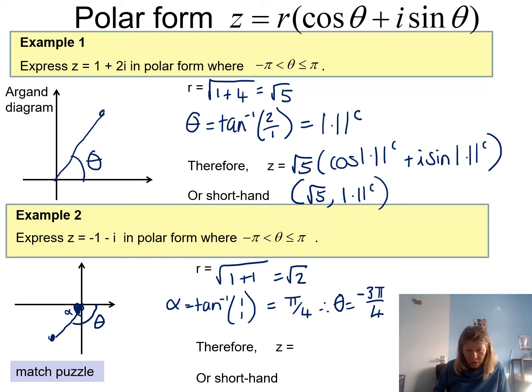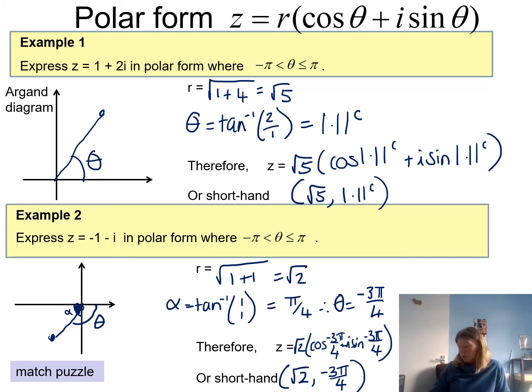So our answer would be root 2, cos of minus 3 pi by 4 plus i sine minus 3 pi by 4. Or shorthand, root 2 comma minus 3 pi by 4.